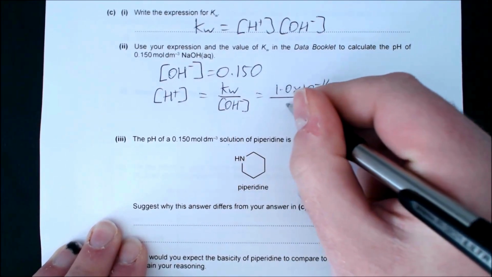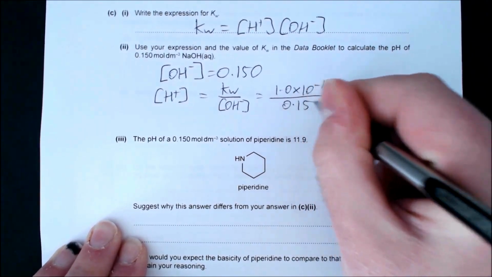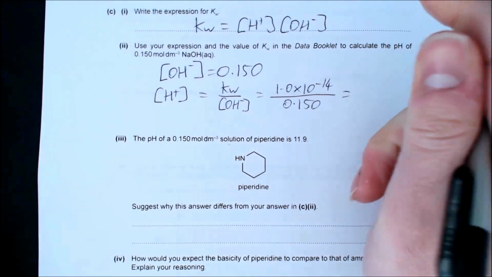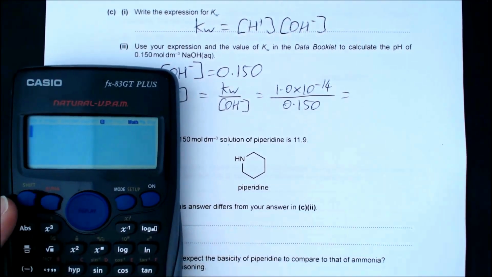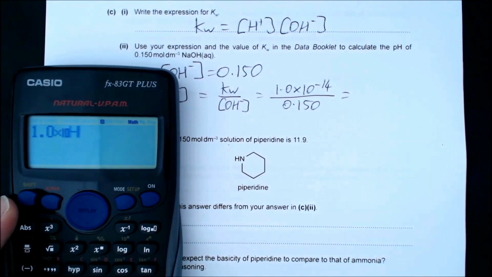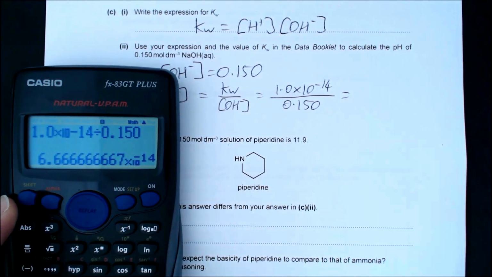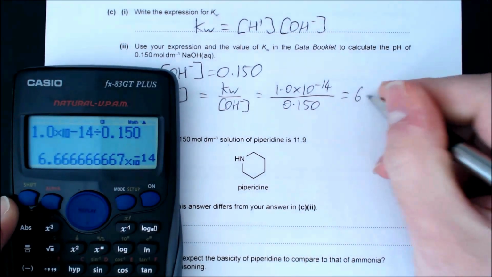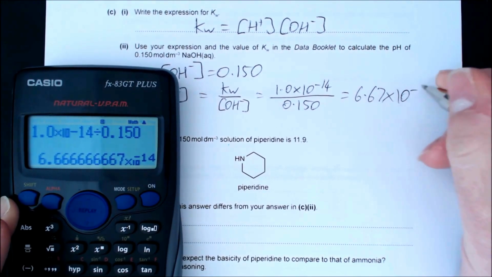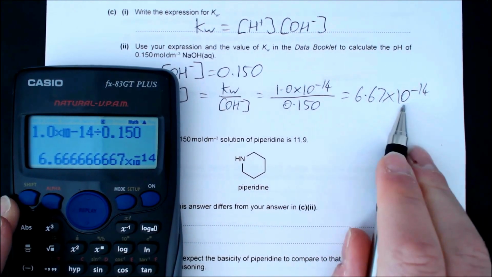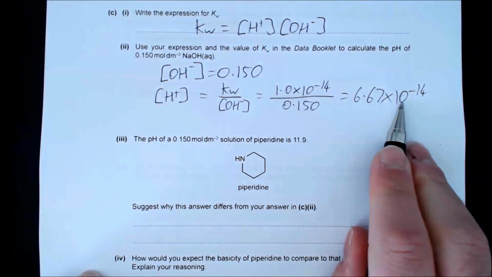And the concentration is obviously 0.150. And that will tell us the concentration of H plus ions in our solution. So 1.0 times 10 to the minus 14, divide that by 0.150, and we should get this massive number here. So I'm just going to round that. There we go, 6.67 times 10 to the minus 14.